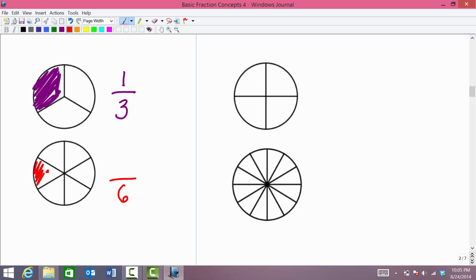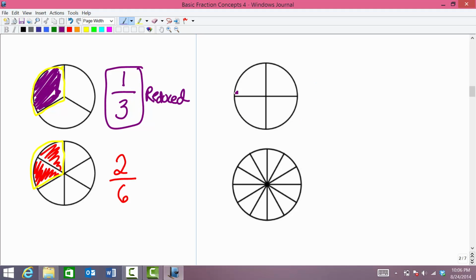Well, I would have to shade 1, 2 of these, and we notice that 1/3 and 2/6 are exactly the same amount. So 1/3 and 2/6 will be equivalent fractions. It's the same value, but just represented in two different ways. But both of those would be exactly the same value. 1/3, we would call this the reduced version of that value. This will be the reduced fraction.